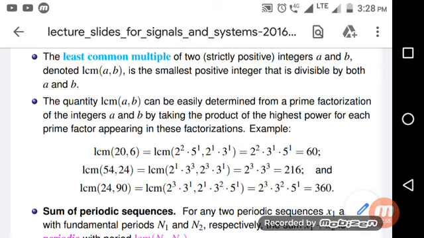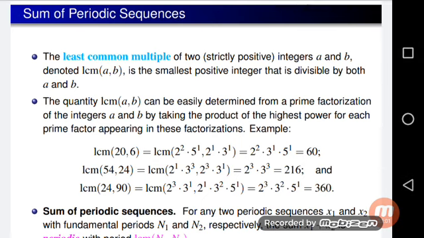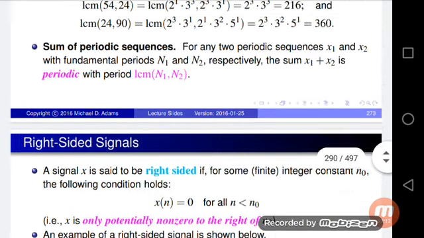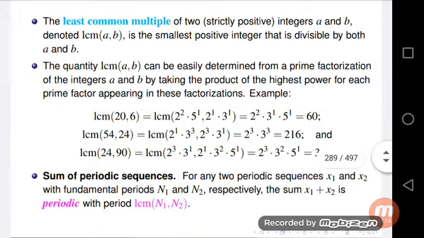So these are the different techniques which are used for sum of periodic sequences.